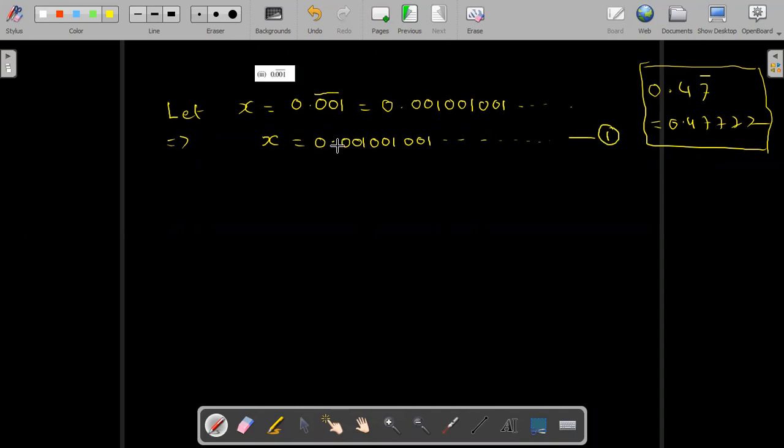Now directly we have to take out 001. Three digits are repeated, so we have to multiply both sides by 1000.